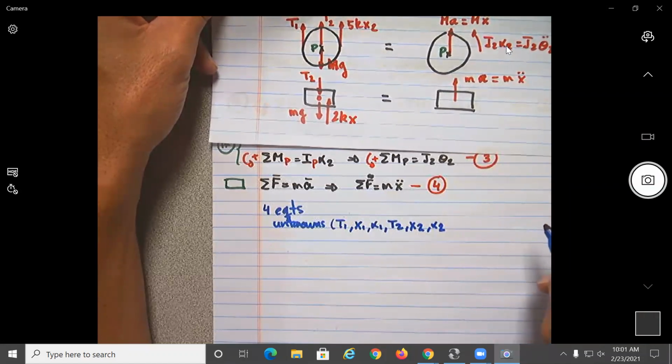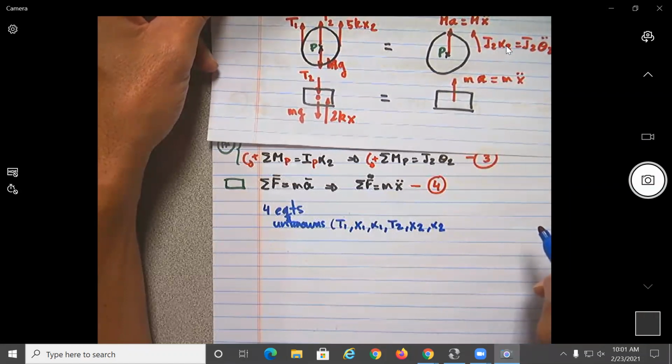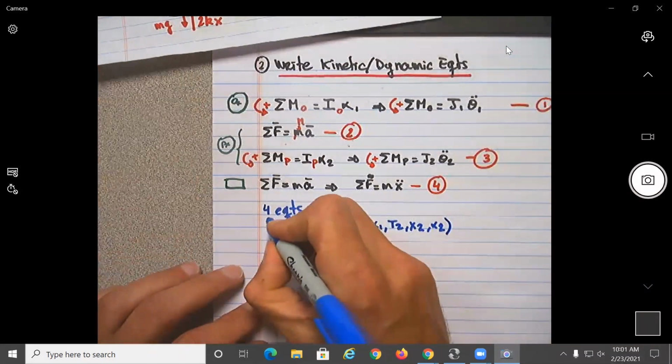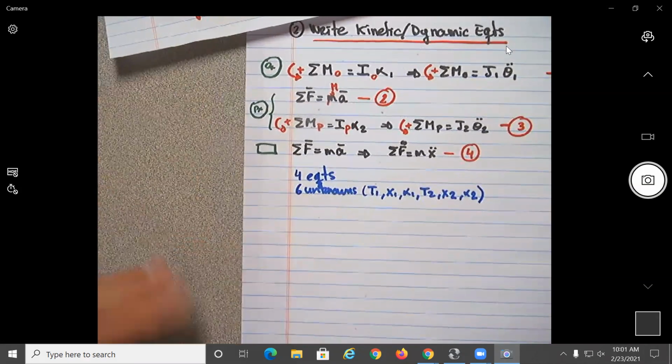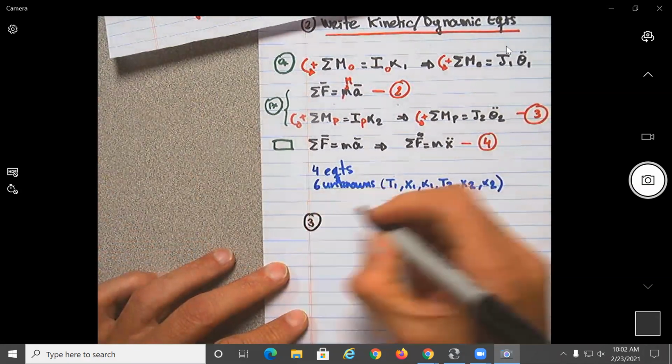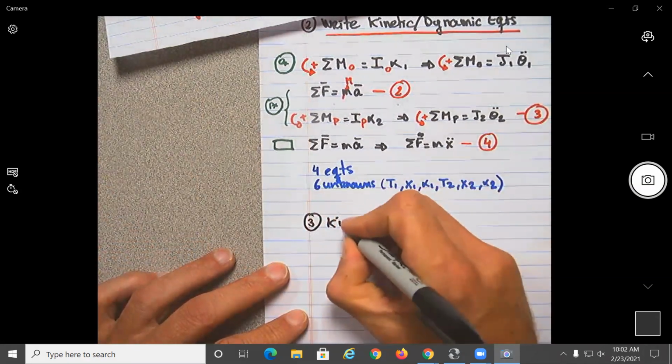Did I forget anything else? No. All right, so 6. So can you solve? The answer is no. You need to have the same number of equations as unknowns, no? So now, step 3, you need to find the additional equations. You will go to kinematics.